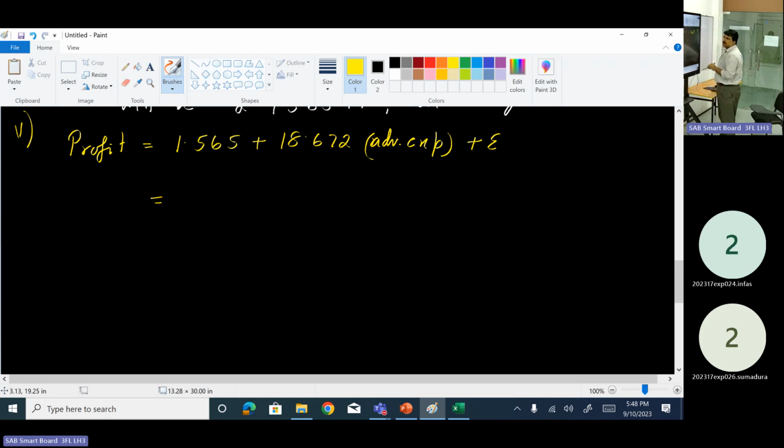So now we have to substitute. They have given 800,000. We don't substitute it as it is. We have to be careful about the unit. When developing this model, for advertising expenditure we used the values in millions. So the model is developed in terms of millions. So when you substitute also, you have to substitute in millions. So you convert 800,000 into millions, and 0.8 should be substituted. So 1.565 plus 18.672 into 0.8, right?